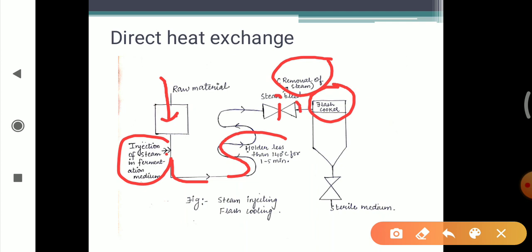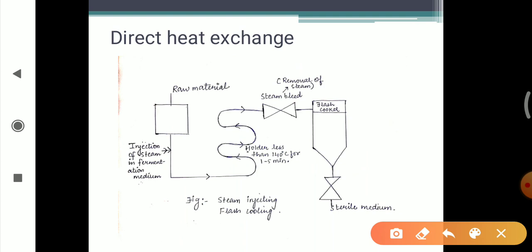Vacuum reduces the pressure and allows flash evaporation. Flash evaporation is the partial vapor that forms when a saturated liquid undergoes a reduction in pressure, and the vapor or steam is released from the liquid. After cooling, the sterile medium is collected aseptically.